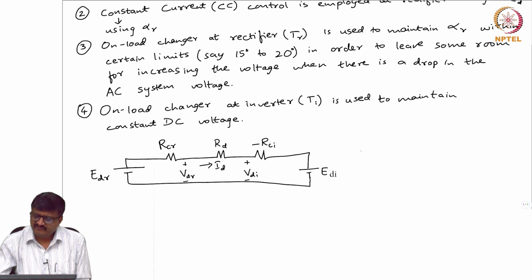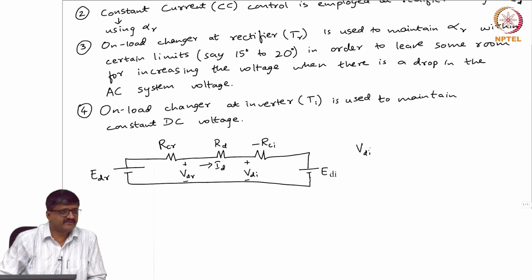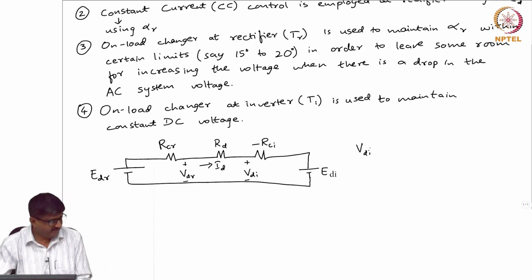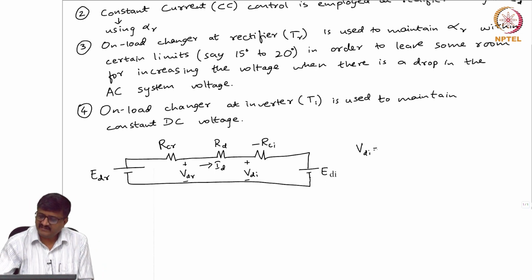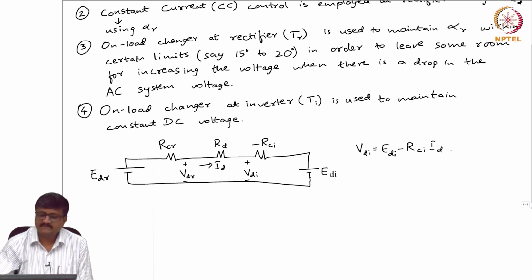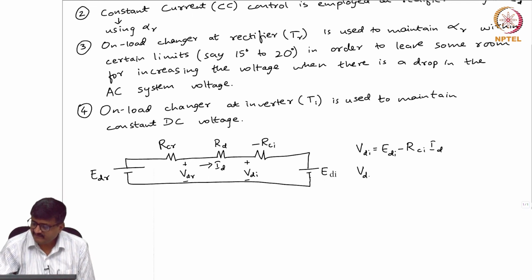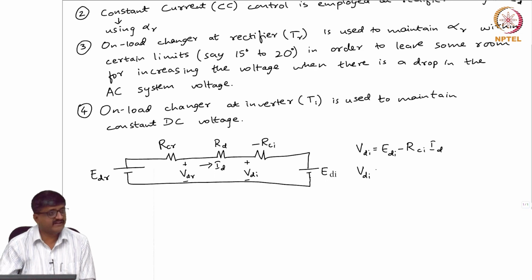Now, if I look at this circuit, if I look at the inverter terminal voltage, the DC side voltage VDI, this can be written as EDI minus RCI into ID. Similarly, I can also write VDI in terms of EDR, RCR and RD.